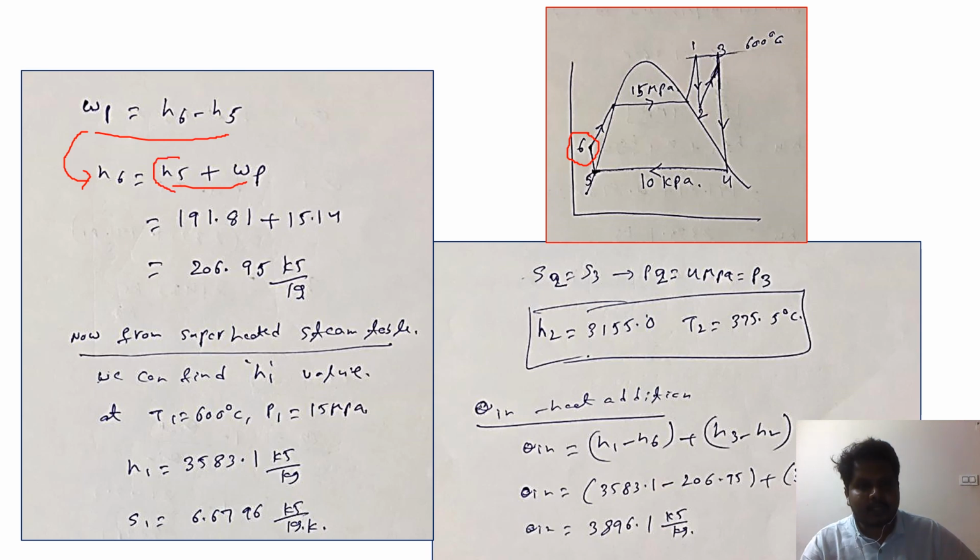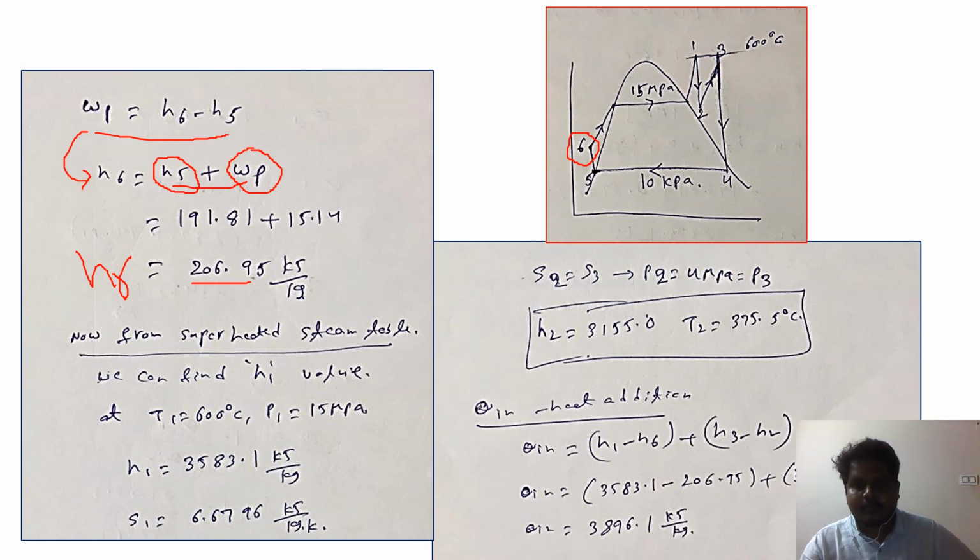The H5 value we have taken from the steam table. The work input to the pump we just calculated. Once we substitute the values, we can find H6 at point 6, that is 206.95 kilojoule per kg.